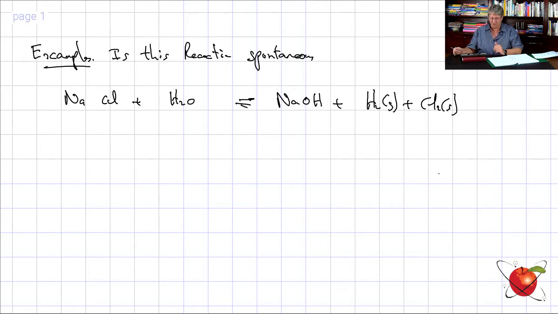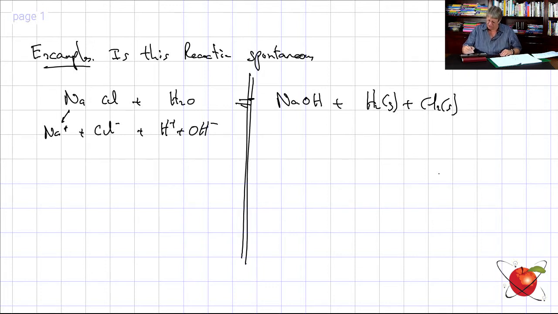Oh my goodness. What are we saying? We are saying that this is Na plus, Cl minus, plus H plus and an OH minus. We break it into ions. Now we're asking, can we get hydrogen gas and chlorine? The key here is to ask what are we asking this to do? What are the changes?